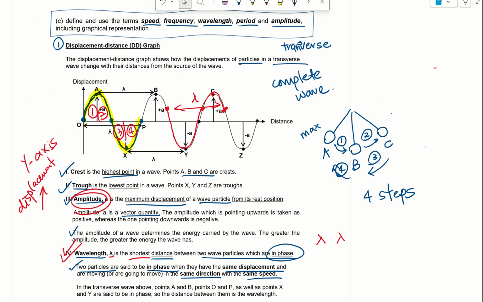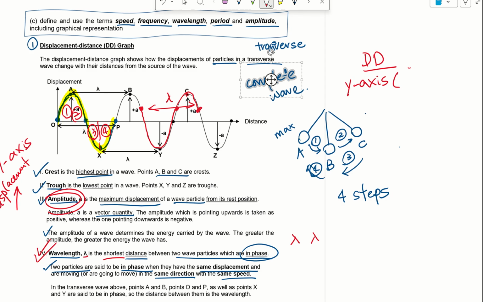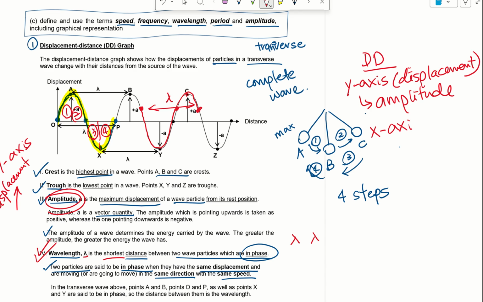So what can we get from the displacement distance graph? Let's call it DD graph. From the y-axis, which is displacement, I can get the amplitude. From the x-axis, which is distance, I can get wavelength.